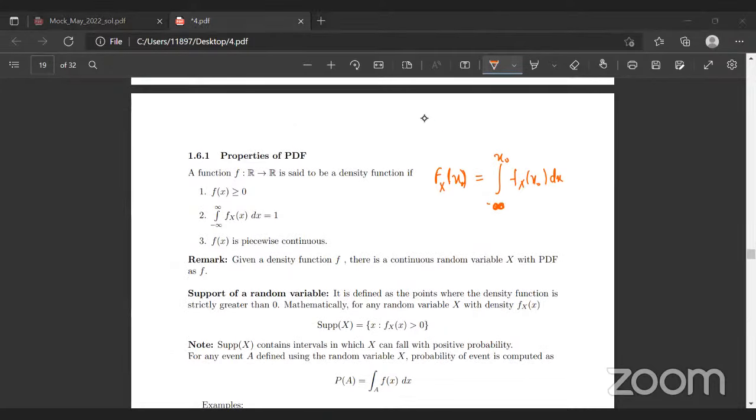I'm saying that on integrating, it means I'm summing it up, right? So how is probability density getting converted into probability? When I'm adding two quantities, the unit remains the same.